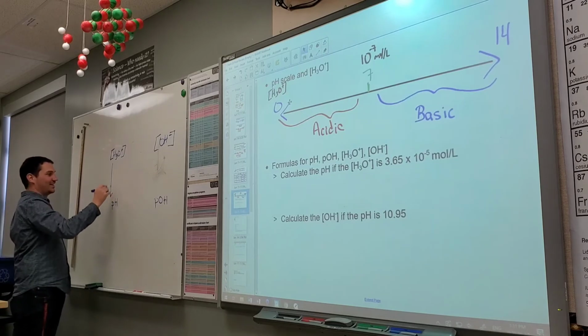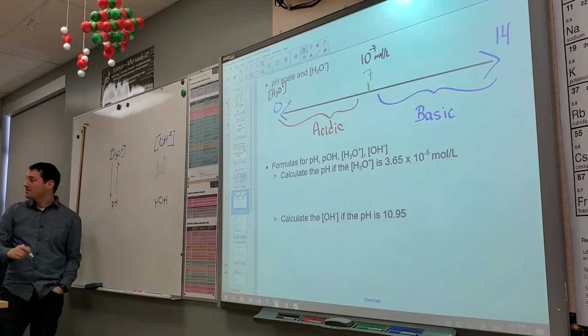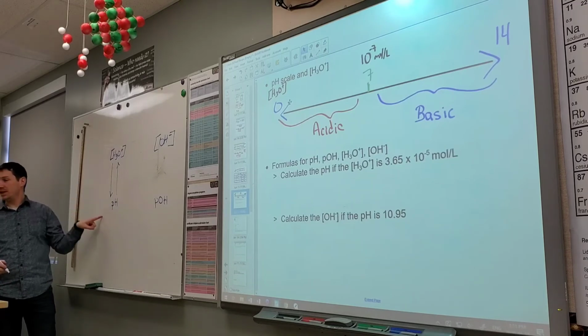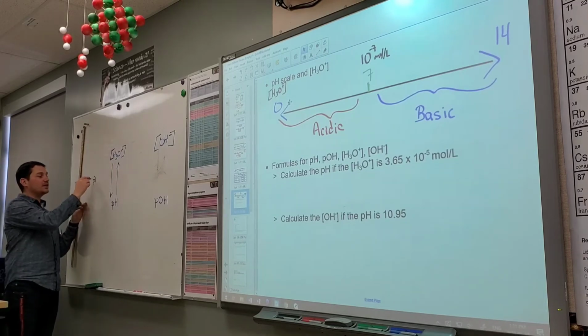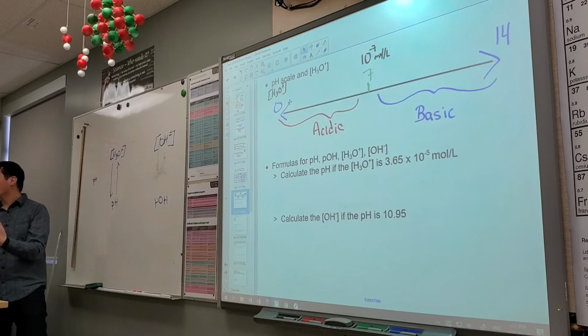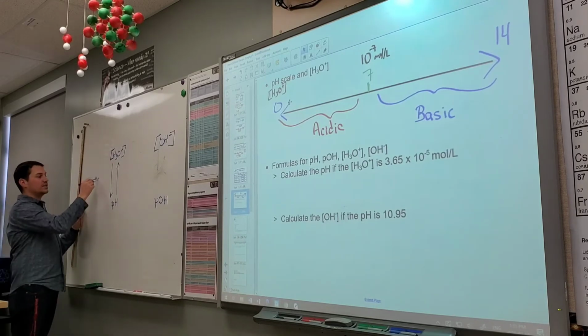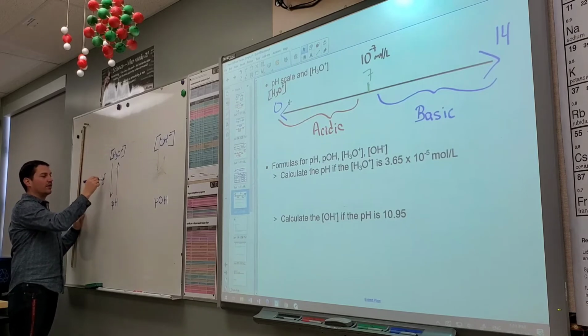Okay, so if we want to go from hydronium to pH, because it's a power, it's based on a logarithmic system. So it's negative log of the hydronium.